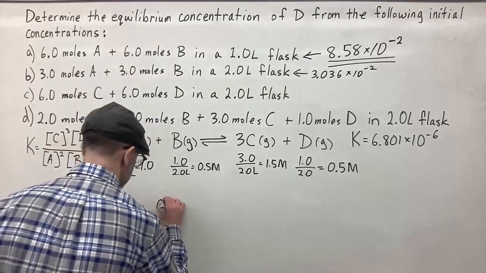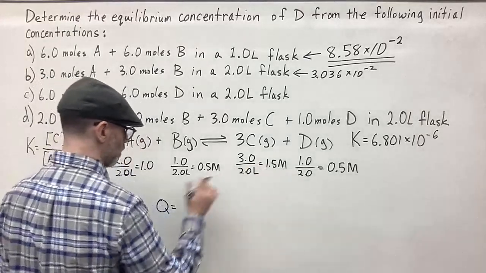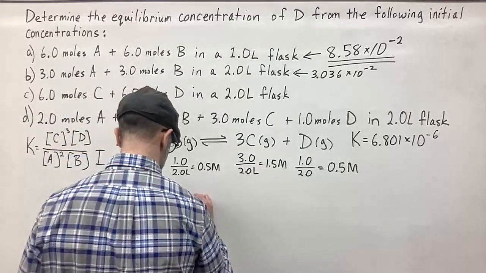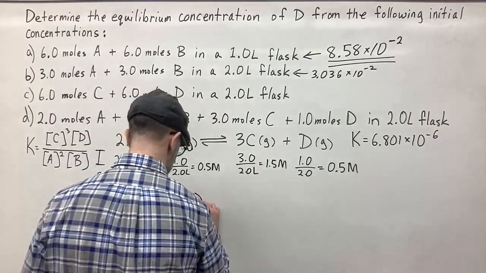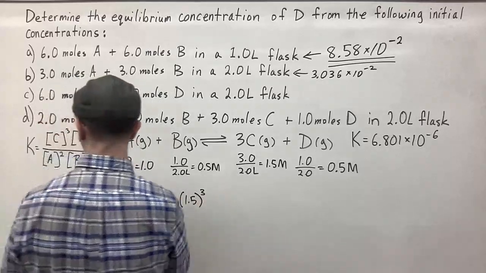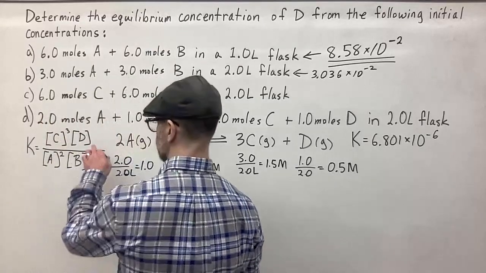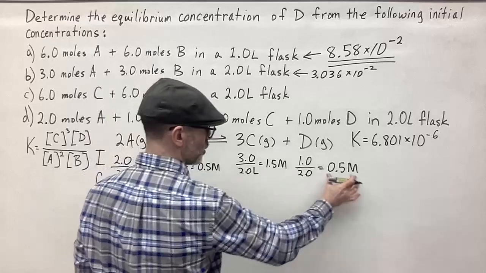So then Q is going to be equal to the concentration of C, which is 1.5 molar, and that's going to be cubed, because we have the cube there. Then we're going to multiply by the concentration of D, which is 0.5.